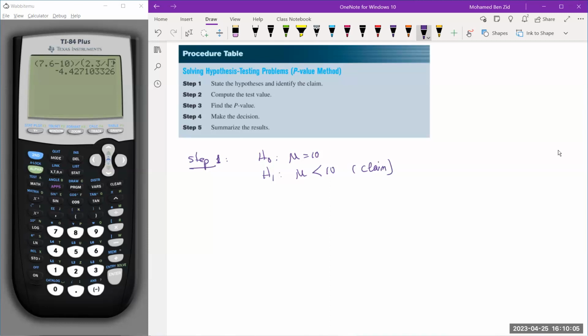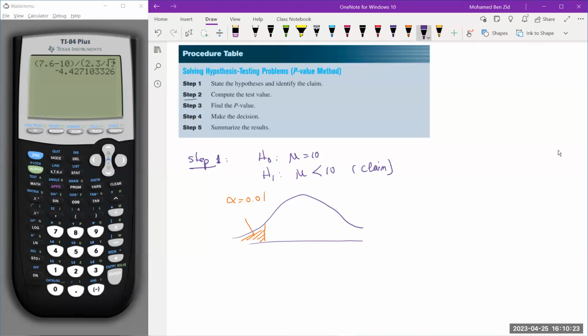I'm not going to graph it again, so probably I should. So this is your graph, and this is going to be your alpha, which is 0.01.